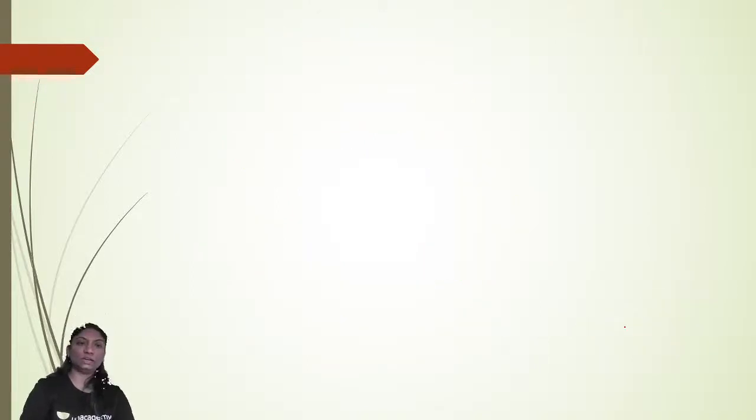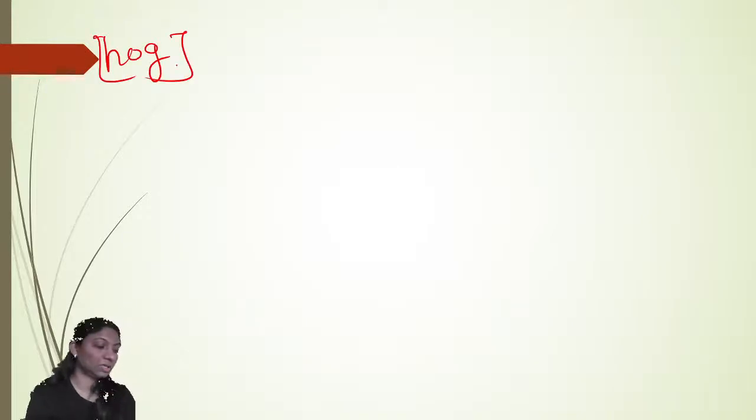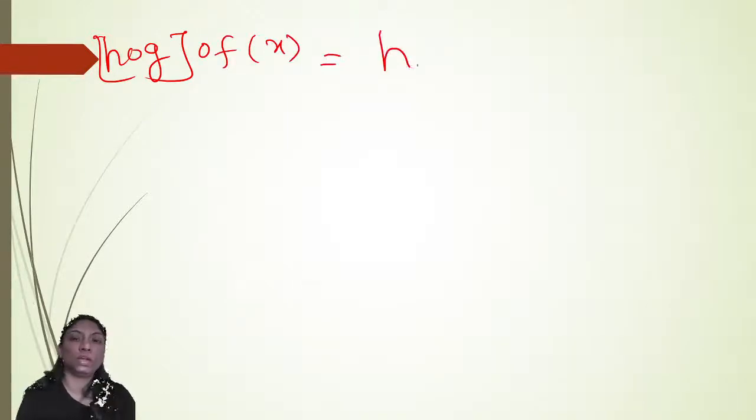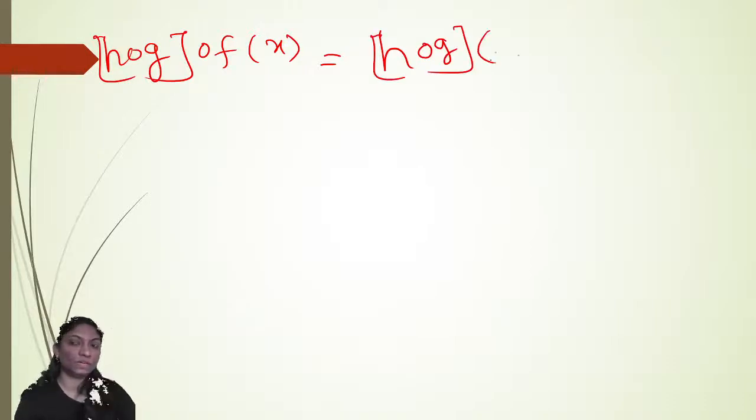So we'll see the second one, h composite g composite f of x. First of all, we will get h composite g of f of x, but f of x is 2x cube plus 5.